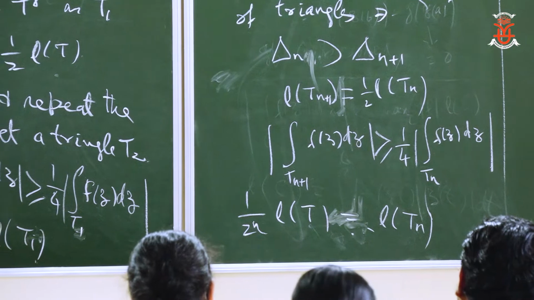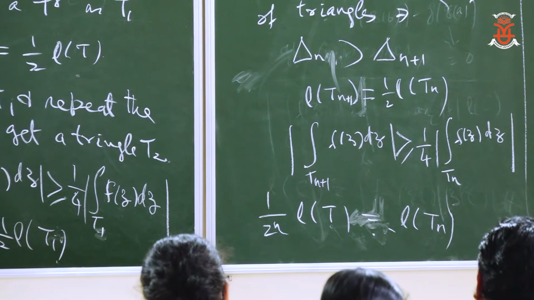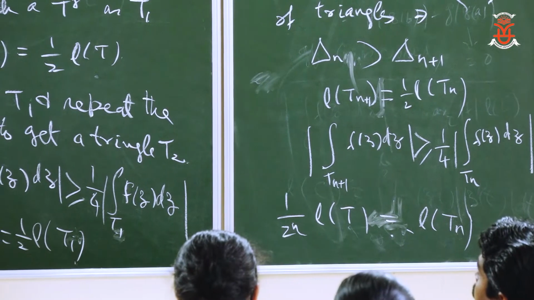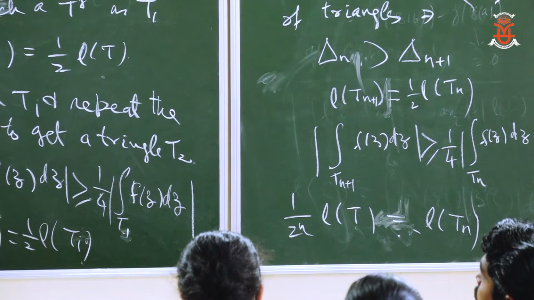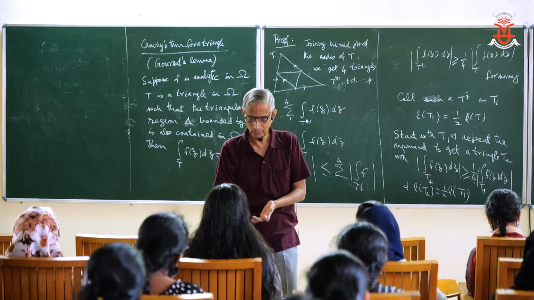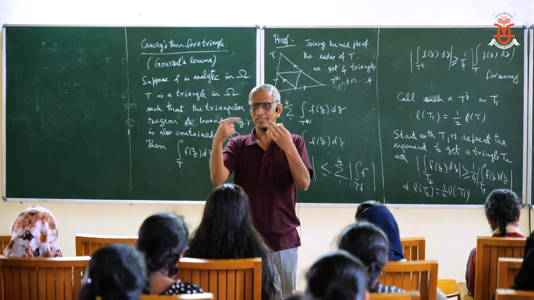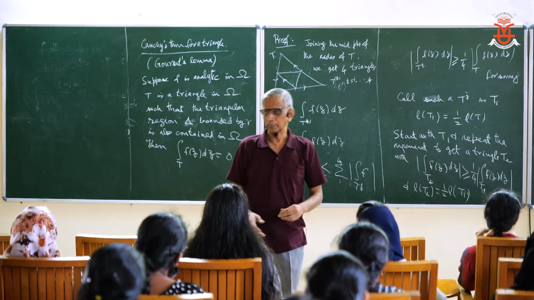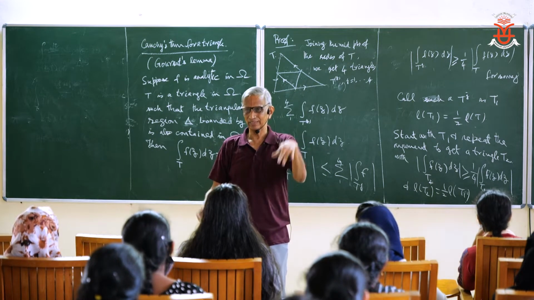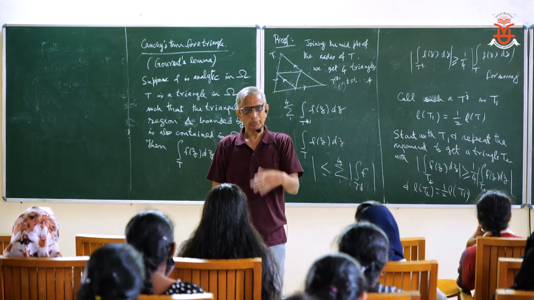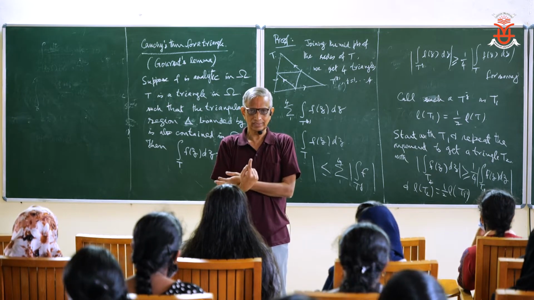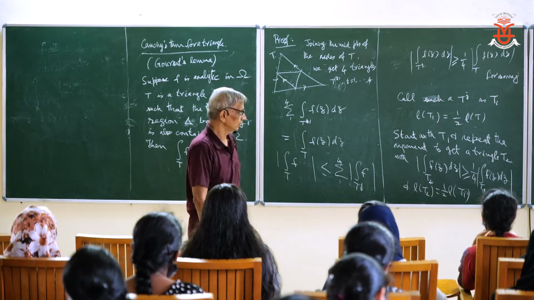So you have the Cantor intersection theorem, remember? If you have a decreasing sequence of compact sets whose diameters go to 0, then the intersection is a single point, right? Without the condition on the diameter, the intersection is non-empty, but if it goes to 0, then the intersection is a single point.